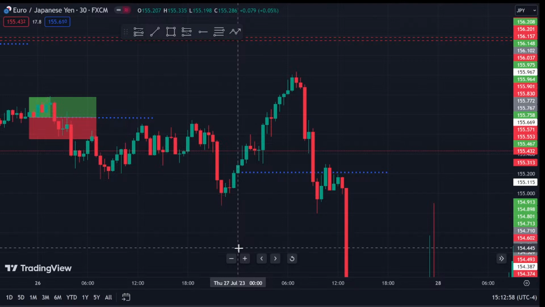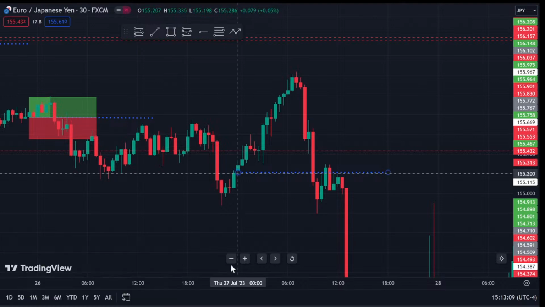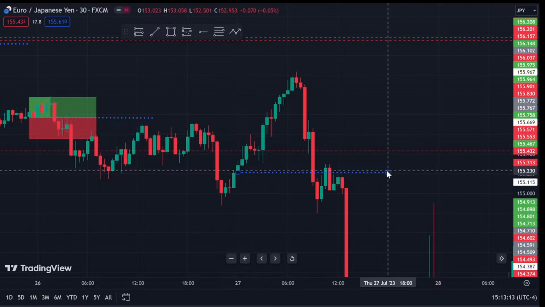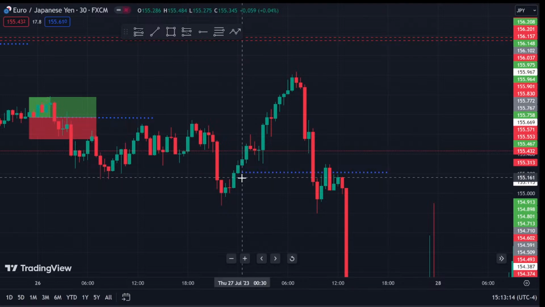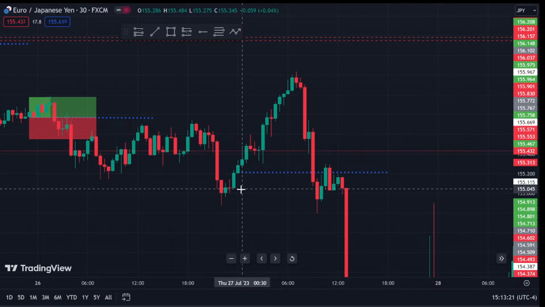Right down there, Tuesday, 27th July. So the market opened here. We mark the open of this candle with that longer line. After marking the open of the candle, we count 20 pips upwards and 20 pips downwards.